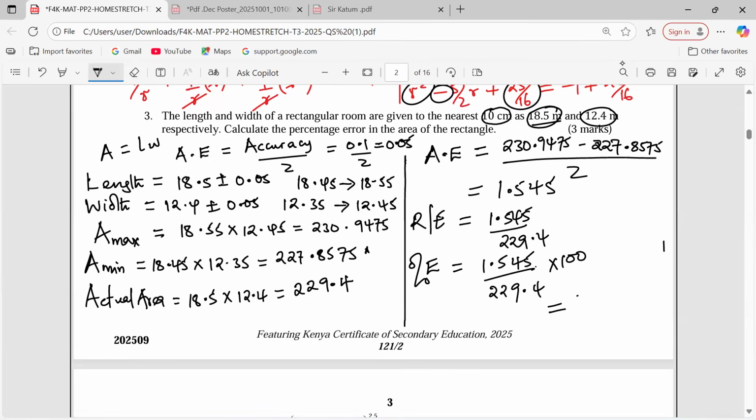The final answer is 0.6735% to 4 significant figures. So that is the area computed and the percentage error determined.